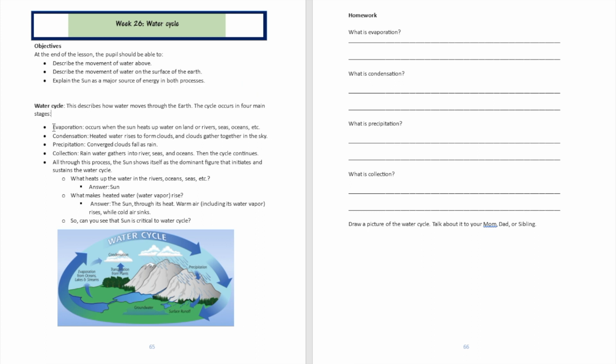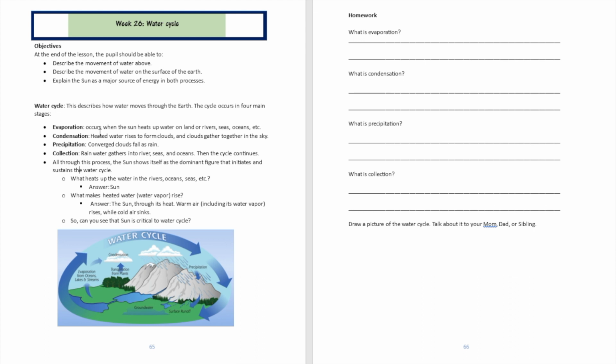The water cycle occurs in 4 major processes: evaporation, condensation, precipitation, and collection. All right, can you remember that for me? The water cycle describes how water moves through the earth, and there are 4 stages of that: evaporation, condensation, precipitation, and what we call collection.